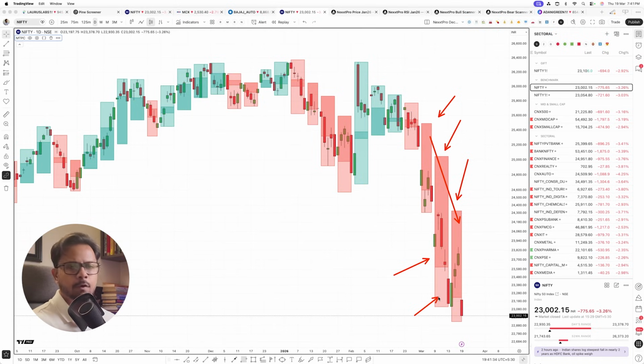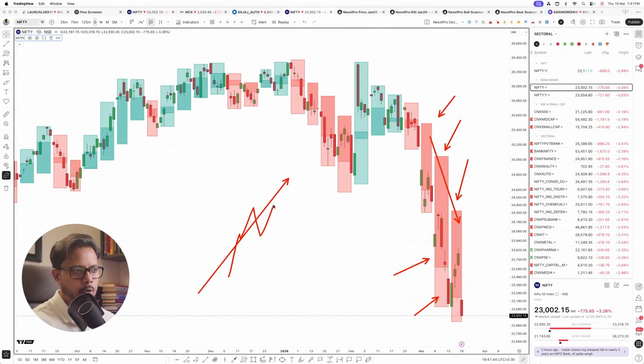This is ideal for pullback trading. For pullback trading, we want a strong trend, hopefully with momentum. And during these trends, if there are any short-term corrections, that's where you would like to buy. So buy on a dip or sell on a rise in an environment where the primary trend is up or down.